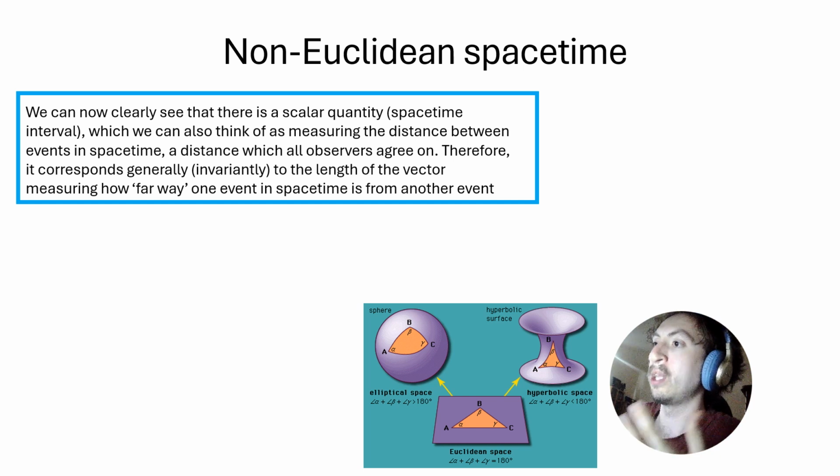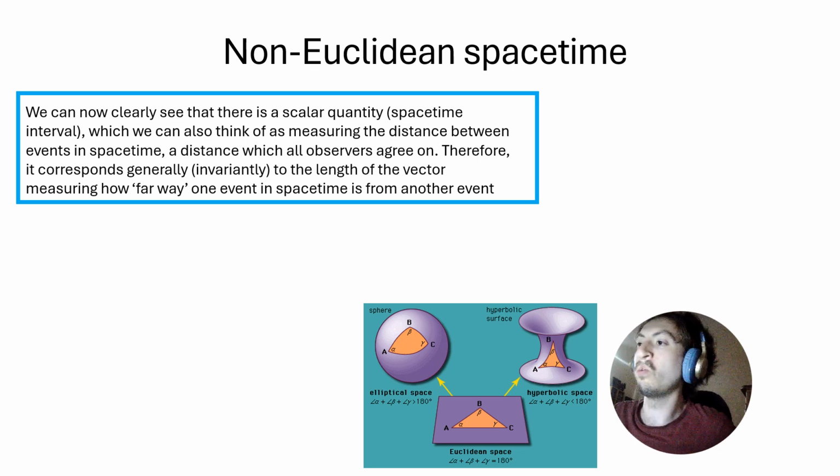So we would say that this is a vector living on a space, although now when I say space I don't mean physical space, I mean a mathematical 4-dimensional space. So we would call this a vector which lives in 4 dimensions. And the size of this vector is the space-time interval, which, as we've said, is a size which all observers agree upon.